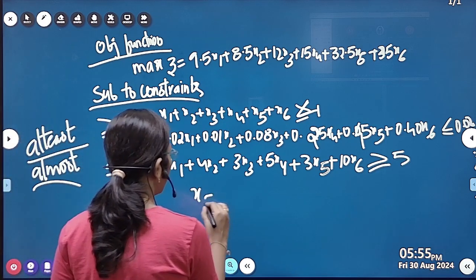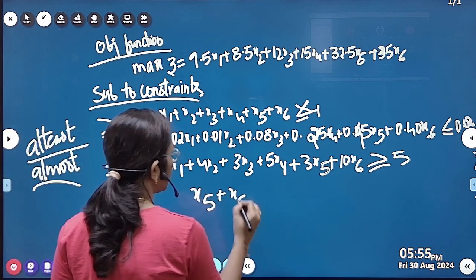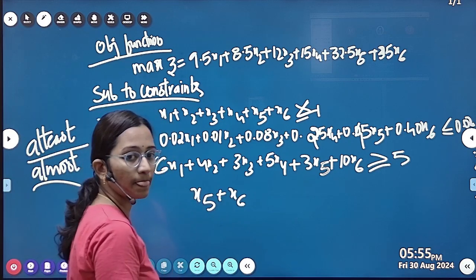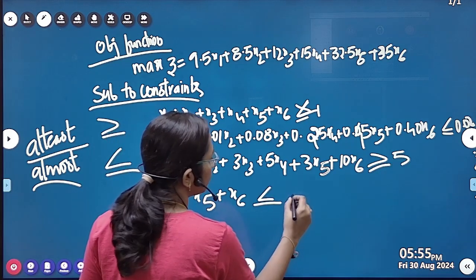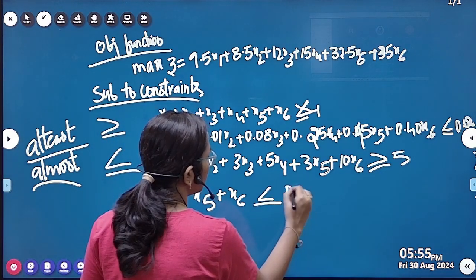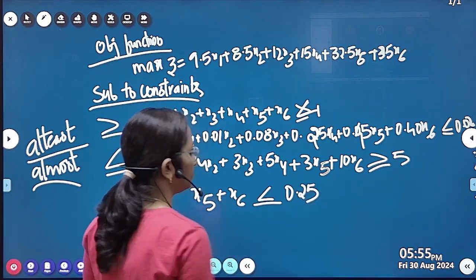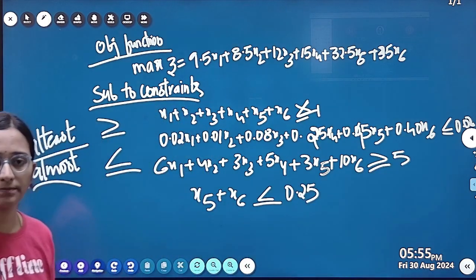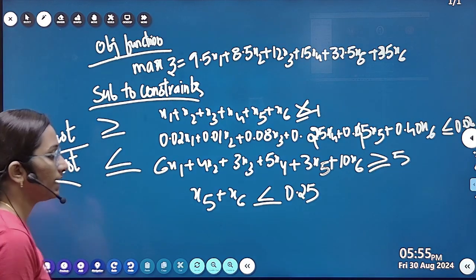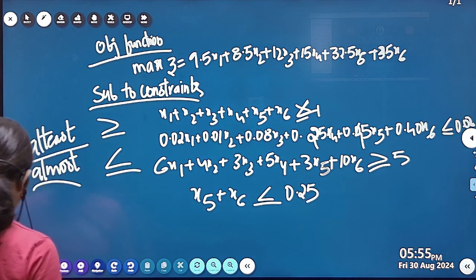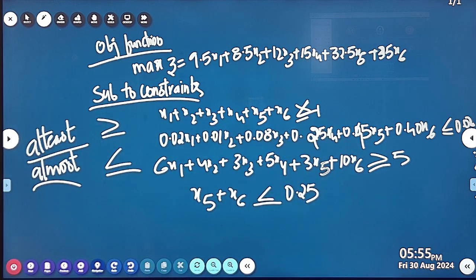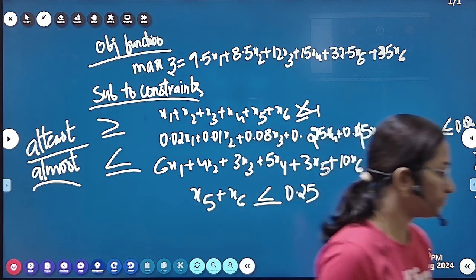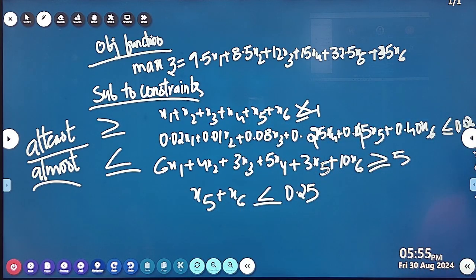So x5 plus x6 should not be more than, matlab it should be less than or equal to 0.25. Okay, clear everyone?